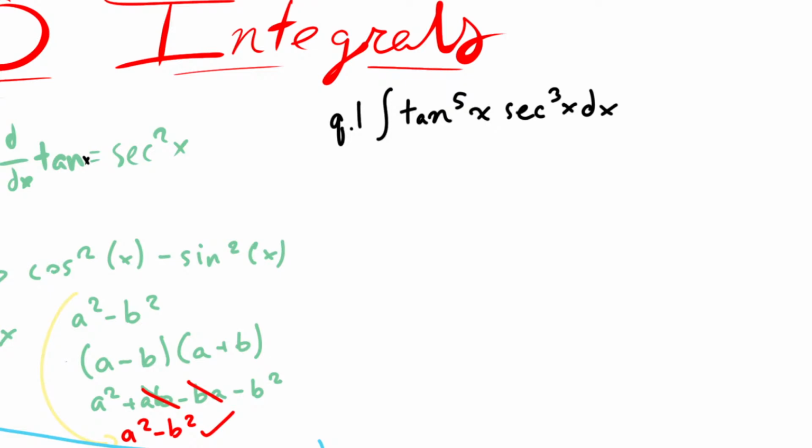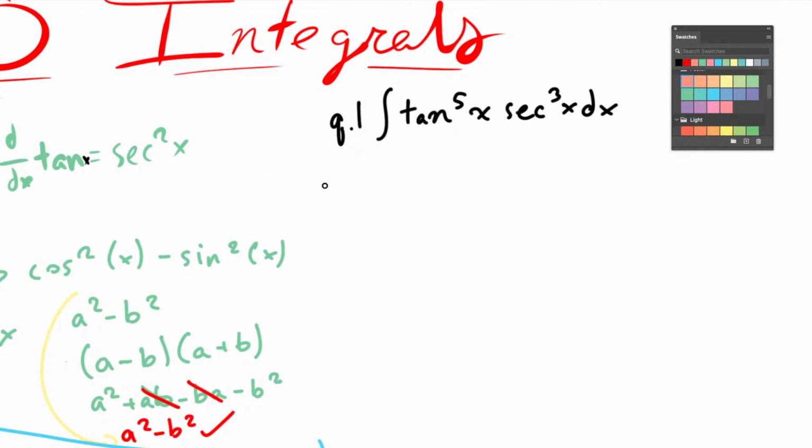Now, u equals tangent secant, du equals product. No, we don't want product rule here.